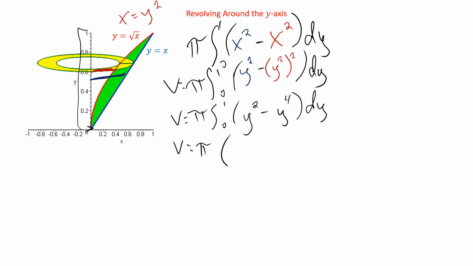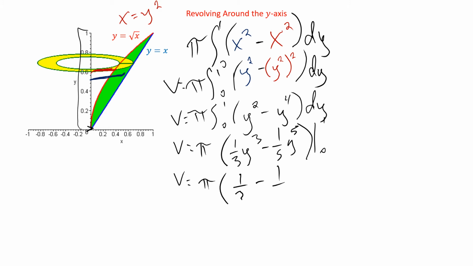It becomes y to the 3rd. So we have 1/3 y to the 3rd minus 1/5 y to the 5th from 0 to 1. Plug in 1. We plug in 1. It's 1/3 times 1 is just 1/3. Minus 1/5 times 1 is just 1/5.